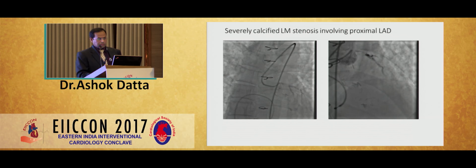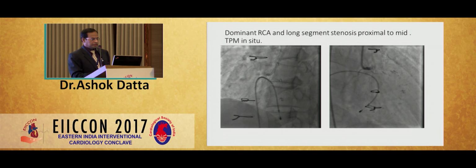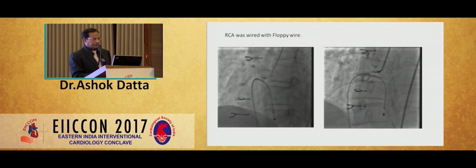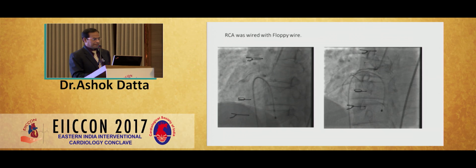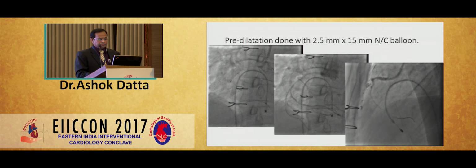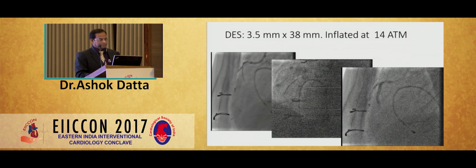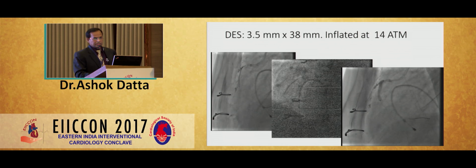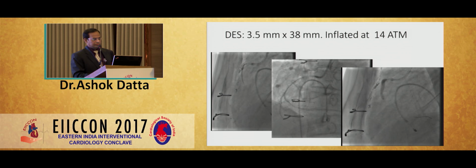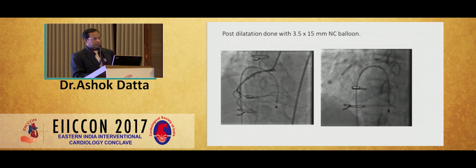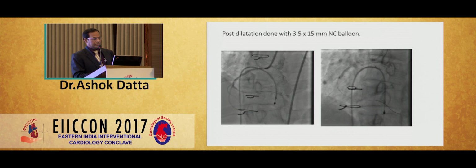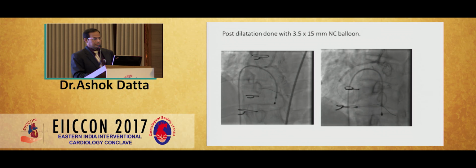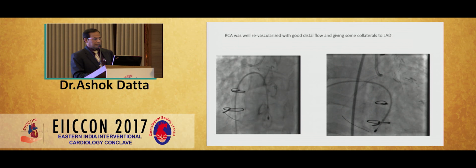So this is the first view after 2 days. We start with the right coronary artery, wiring done, pre-dilatation with 2.5 by 15 millimeter NC, then 3.5 by 38 millimeter DES at 14 ATM, and post-dilatation with 3.5 by 15 NC balloon, giving a good result.